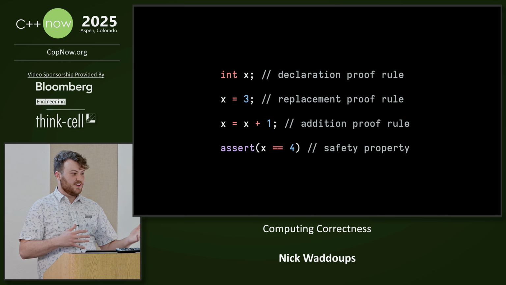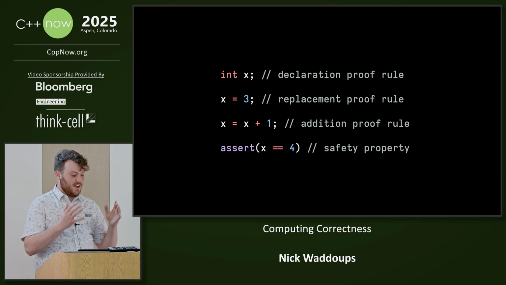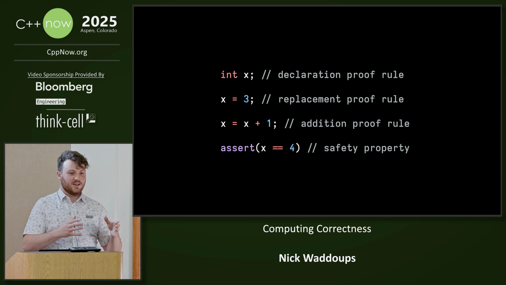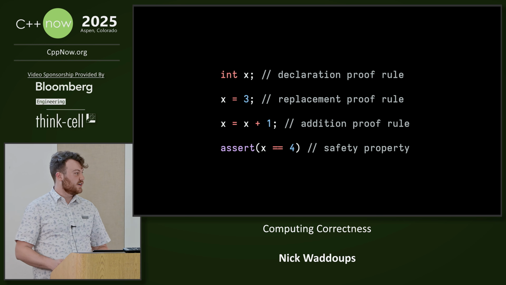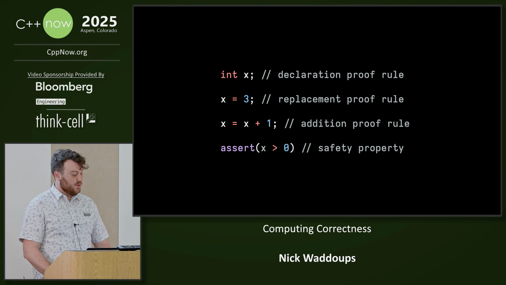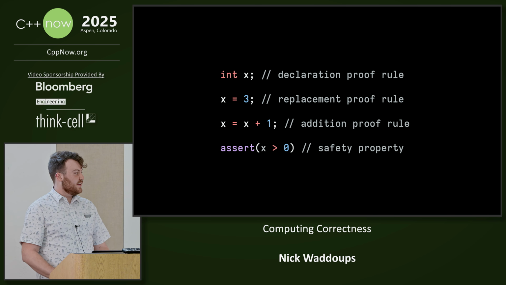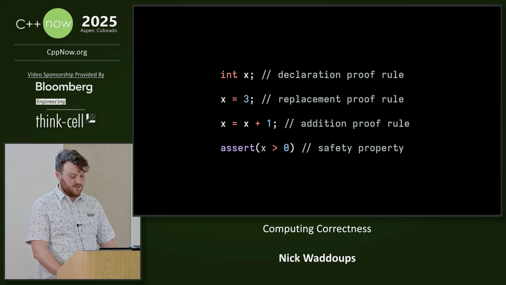That would be weaker, because anytime the microwave does not run, it implies that if your hand is in the microwave it still does not run. So we could check that here as well, saying that X greater than 0 is weaker than X equal to 4. It allows more things, but we can still check that as a safety property.